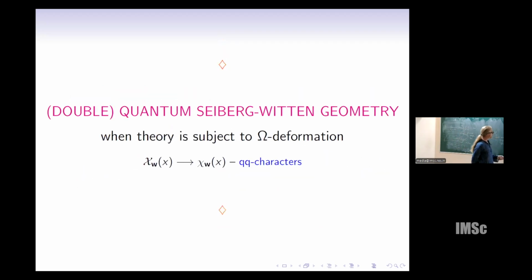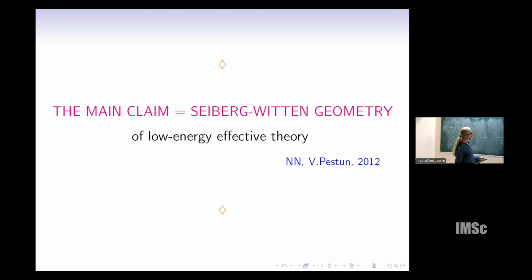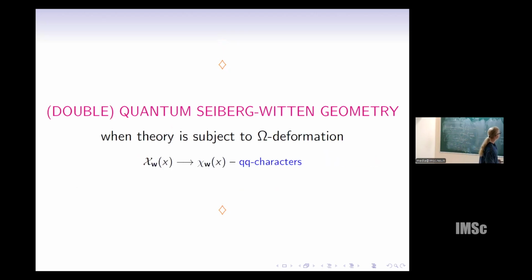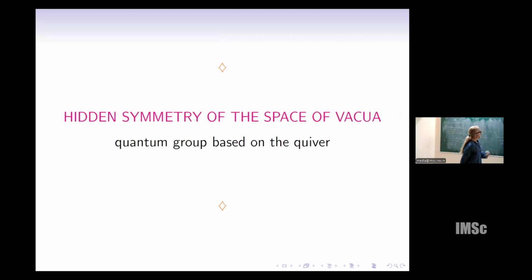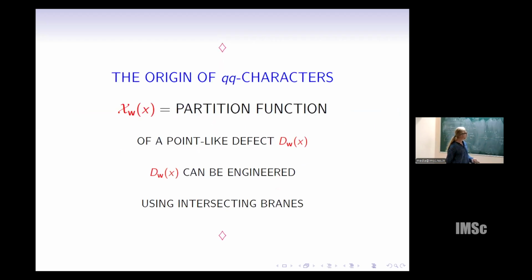And this algebraic equation becomes the Seiberg-Witten geometry of that type for this complicated quiver gauge theory. And if you don't take the limit epsilon 1, epsilon 2 to 0, then this becomes a kind of doubly quantized Seiberg-Witten geometry, which reflects the hidden symmetry of the space of vacua, organized into some kind of quantum group based on the quiver.